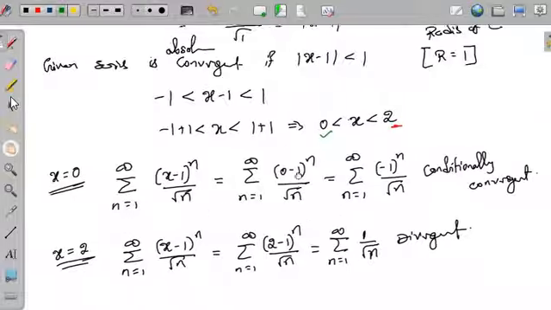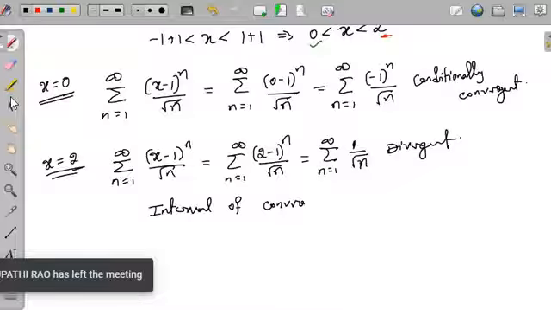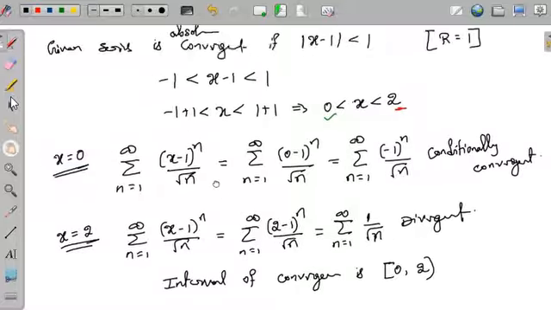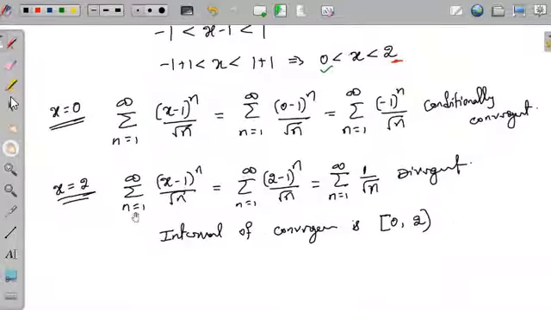So therefore, we can say that the interval of convergence is the closed-open interval [0, 2). Since it is divergent at 2, we do not include 2; since it is convergent at 0, we include 0.